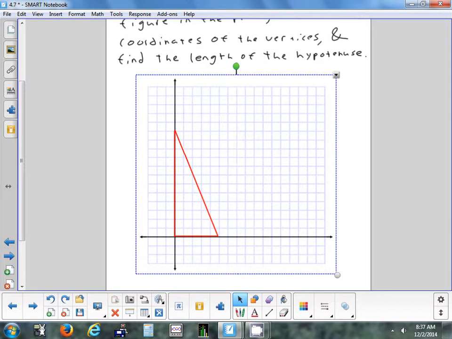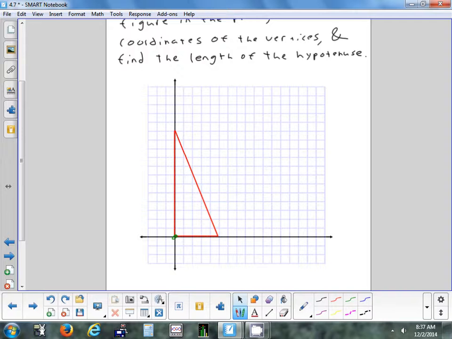Okay, let's label our coordinates. Connor already said that coordinate was at the origin. Alyssa, what's the coordinates for the origin? 0, 0. Okay, now this one, all we've done is go right 5. Sarah, what are my coordinates if I go right 5? 0, 5, that would be up.